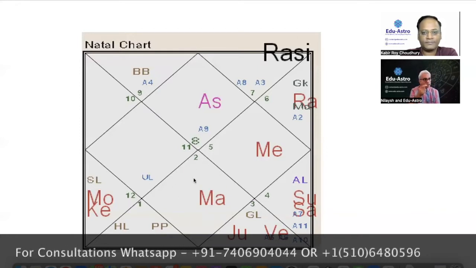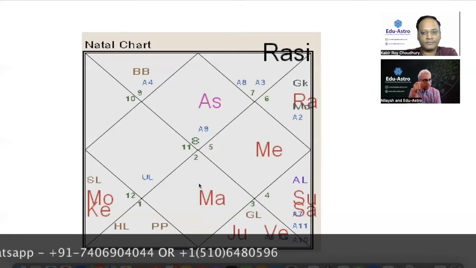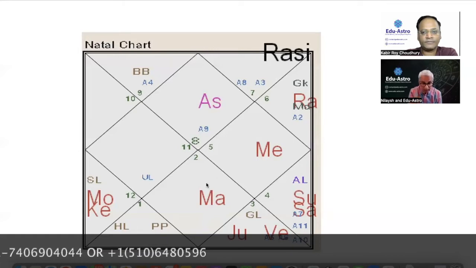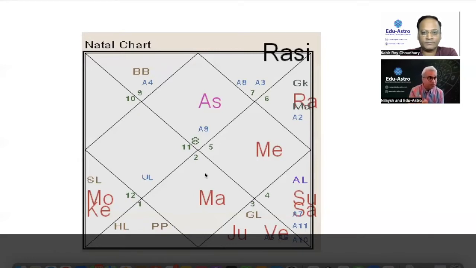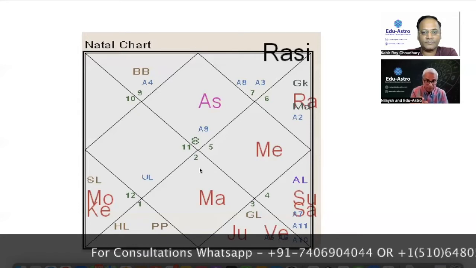So how is the marriage? Here the Rashi and the planet Mars placed, the nature of the spouse is very active. The nature of the spouse is courageous, also aggressive, also headstrong, and because it's the Taurus Rashi, the nature of the spouse is very adamant.